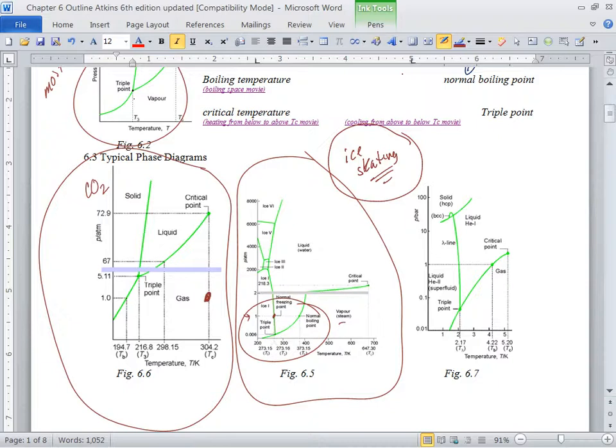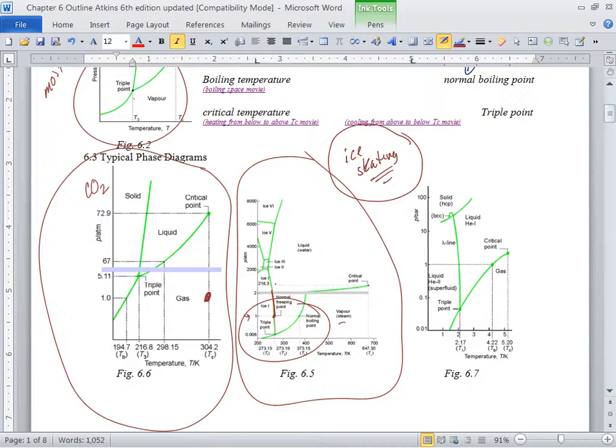Okay, I think we better finish the story. So, we said the curve's going back. And a consequence of that is because of the density, what Eric said. What's more dense, solid ice or liquid water? Liquid water, because ice floats.